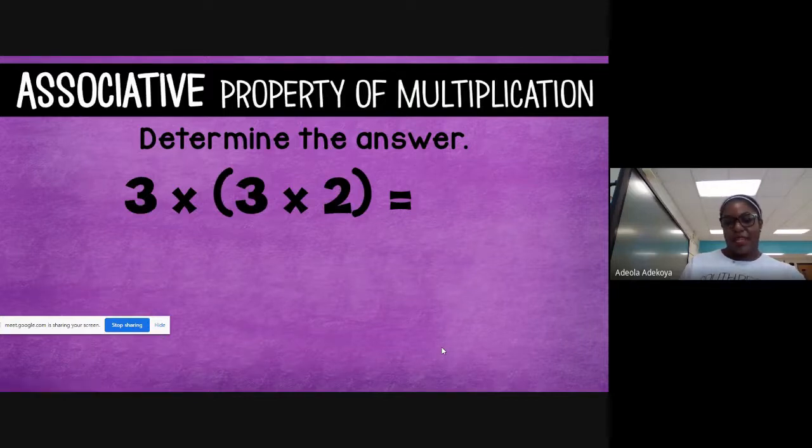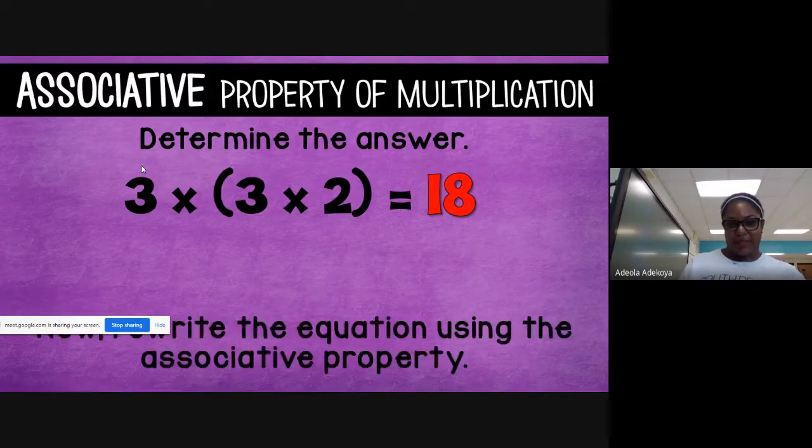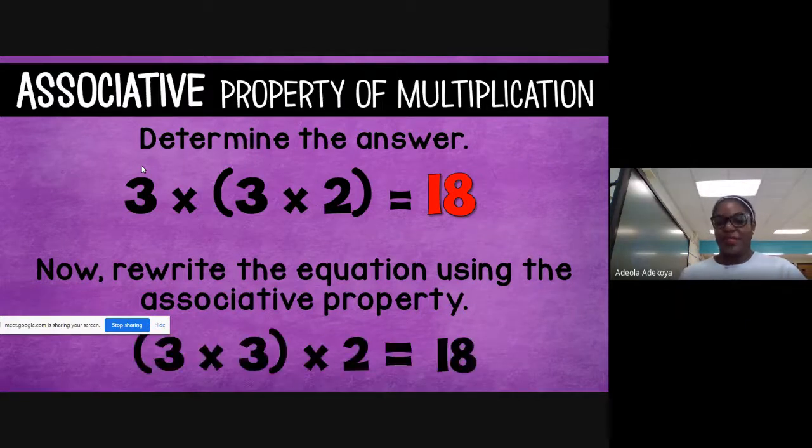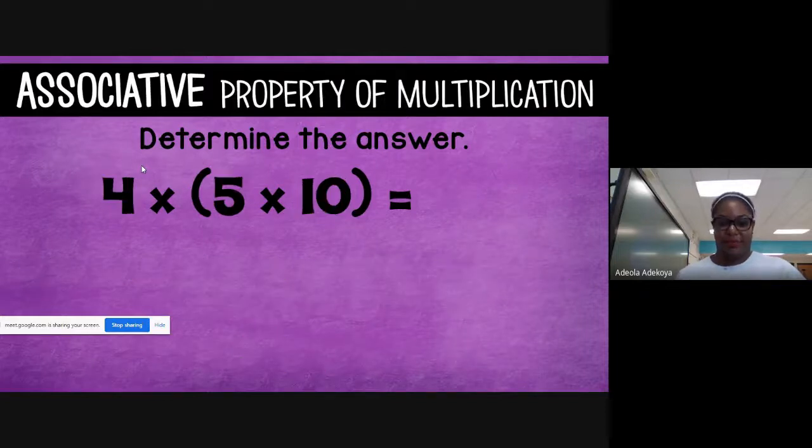To determine this answer, 3 times 2, we're starting off with a parenthesis first, remember, is 6. 6 times 3 is 18. Now we're going to rewrite this equation using the associative property, and that would be 3 times 3 is 9, times 2 is 18.